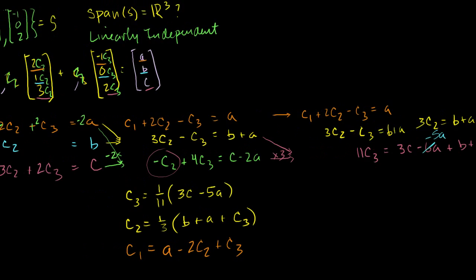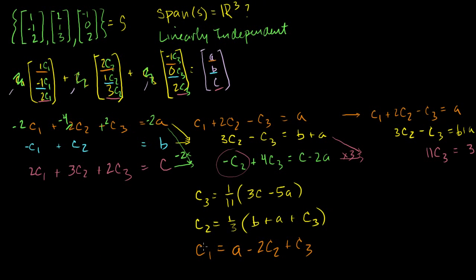You can give me any vector in R3 that you want. You can give me any real number for a, any real number for b, any real number for c. And if you give me those numbers, I'm claiming that I can always tell you some combination of these three vectors that will add up to those. And I've actually already solved for what I have to multiply each of those vectors by to add up to this third vector. So you give me your a, b, and c's.